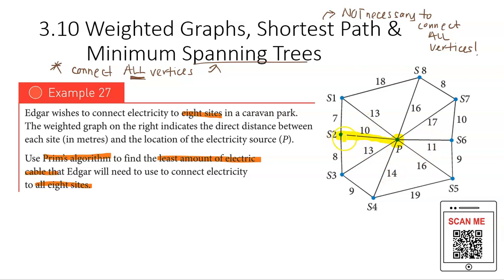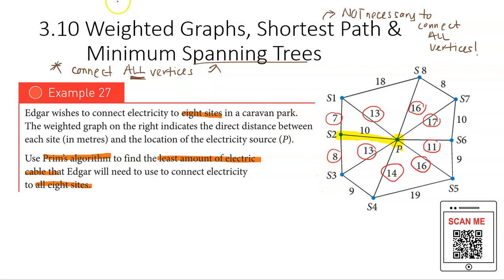So right now, look at these two, S2 and P. Do you have any lowest value? Connecting P, I have 16 to S8, 17, 11 to S6, 16 to S5, 14 to S4, 13 to S3, 13 to S1, and look at S2, I have 7 to S1, 8 to S3.